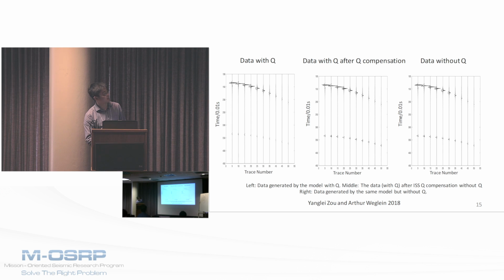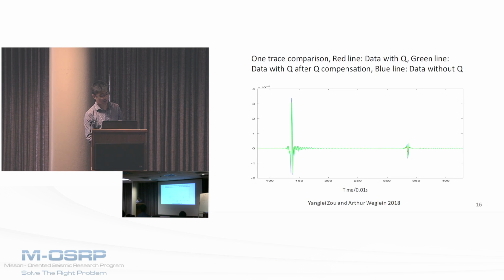And the right figure shows the data generated by the same model, but without Q absorption. So we can compare the data after Q compensation and the data generated with no Q model. We can see they are very close. Let's take a closer look at one trace, zooming in on the section from 3.2 seconds to 3.5 seconds.